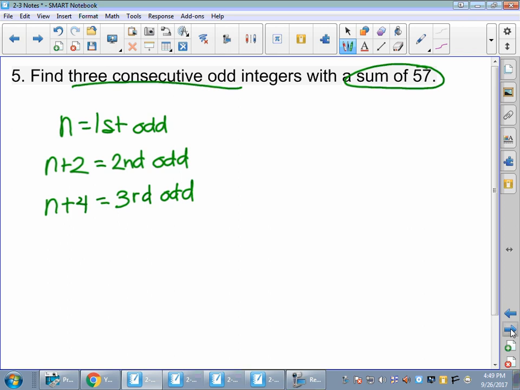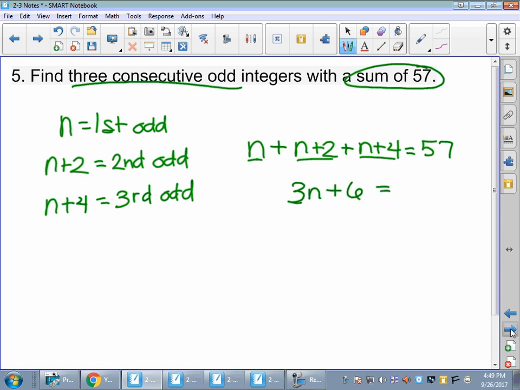So I'm going to add them up. The first plus the second plus the third is equal to 57. There's 3 numbers here. Here's my first, here's my second, here's my third. There's 3 n's, and there's a plus 6 there. The 2 and the 4 make plus 6.